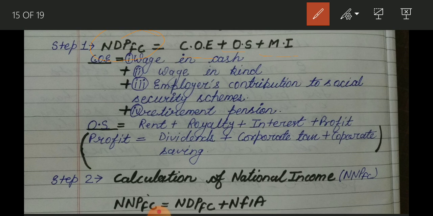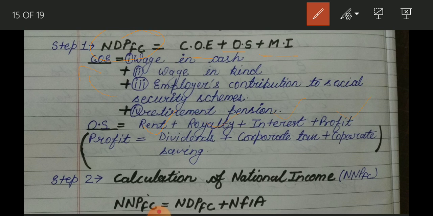Now OS. Sometimes in a question, the value of operating surplus is not directly given, it is given in its components. So what are its components? Operating surplus is the sum total of rent, royalty, interest and profit.